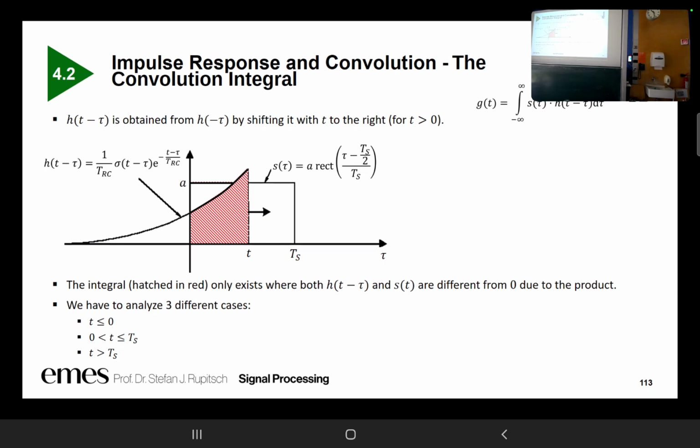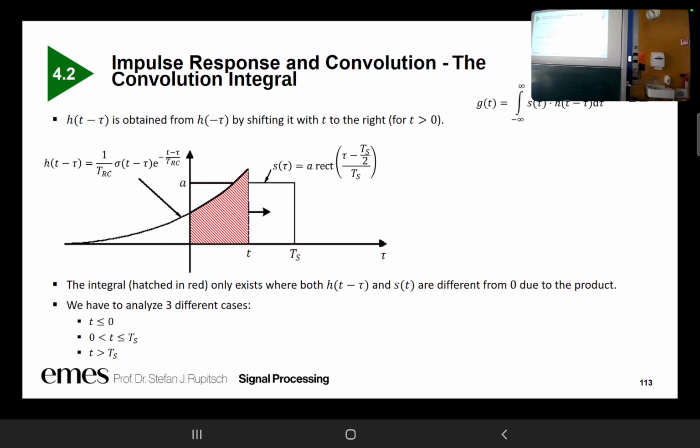We have three different situations here. The first situation is if our time t is smaller than zero. What's the result of the convolution integral? Why is it zero? There's no overlap, exactly. Then we have the second case, where the time t is greater than zero but smaller than ds.